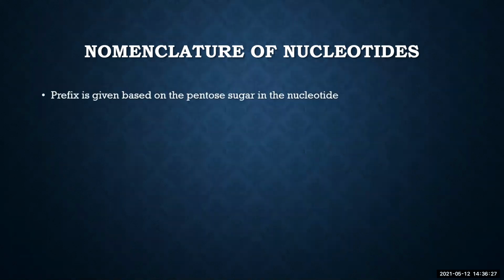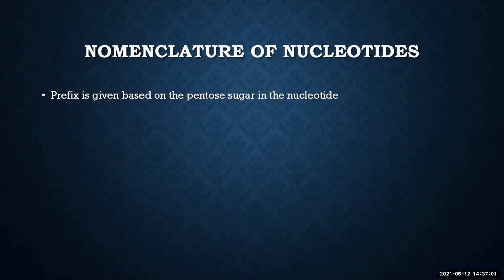Number one rule: the prefix, the word that is added in front of the main word, is named based on the type of pentose sugar that is present in the nucleotide. Let me repeat it again. Prefix is always given on the basis of the pentose sugar present in the nucleotide molecule.